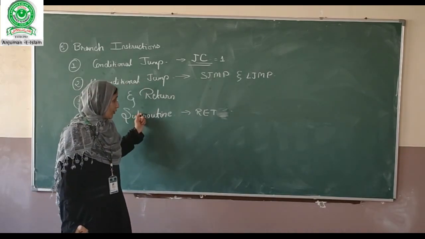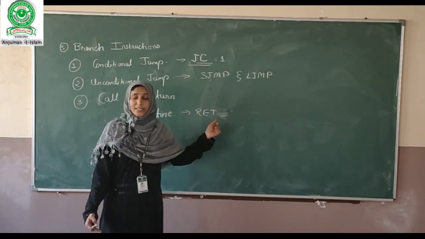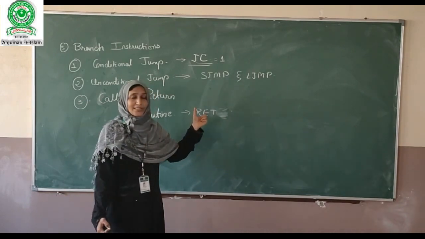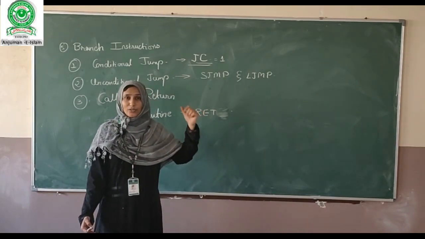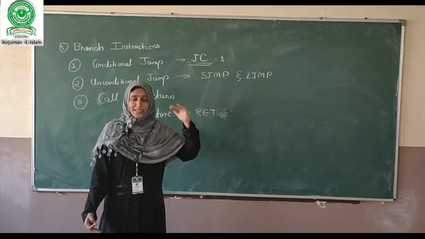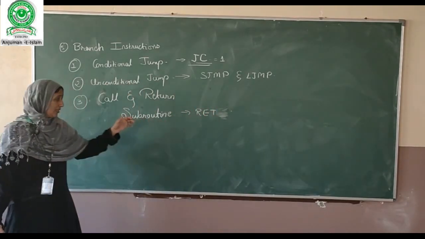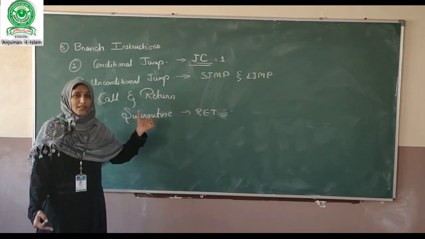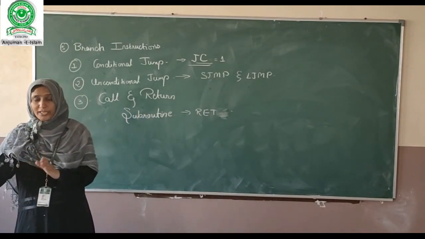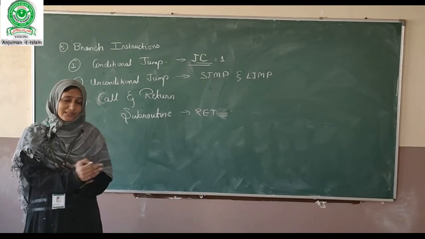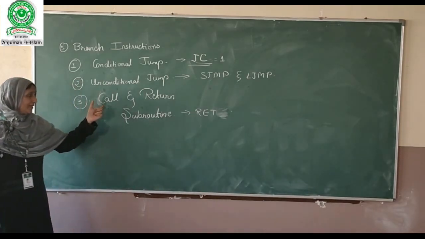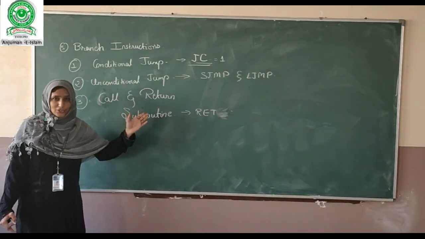Then it will execute the subroutine until it encounters the instruction RET, returning back to the main program. So this continues. These instructions, which are used to call the subroutine and to go from the subroutine back to the main program, we are going to call the call and the return instructions.